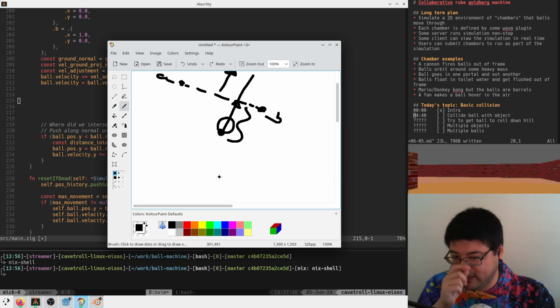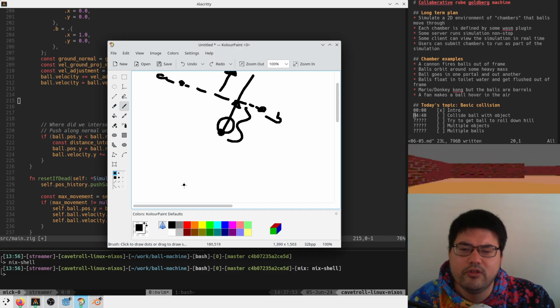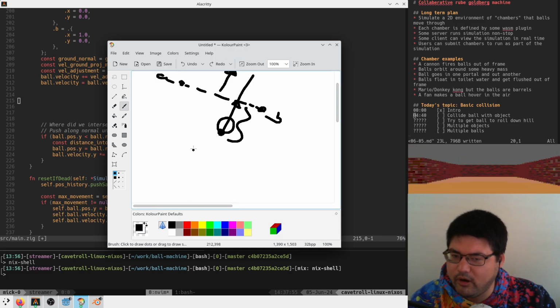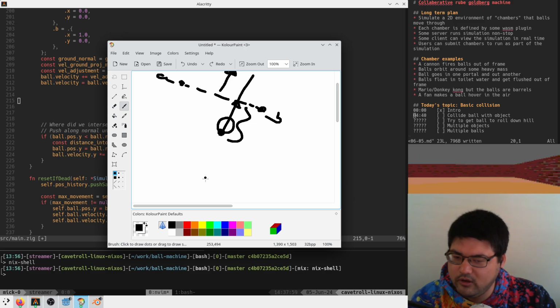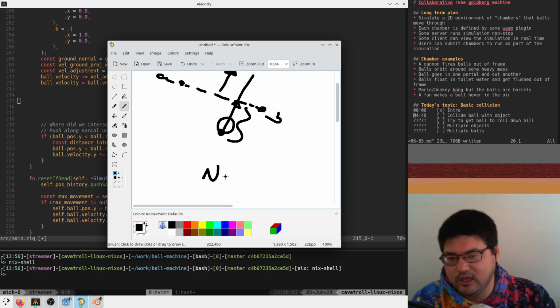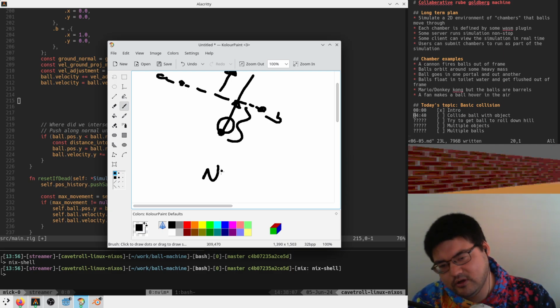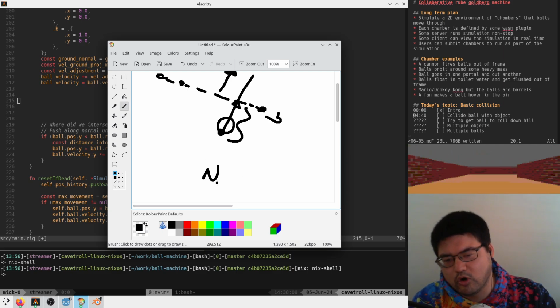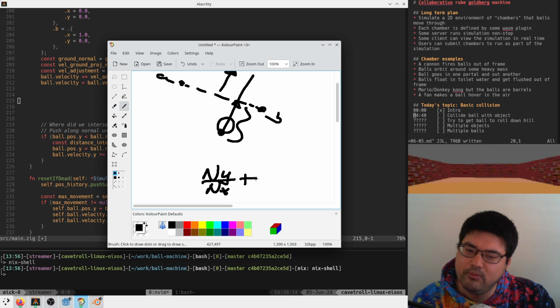Yeah, so let's think about this. We know the direction of the line of the ball collision that we're trying to check is the normal. So the slope, normal y over normal x, is the slope plus some offset.